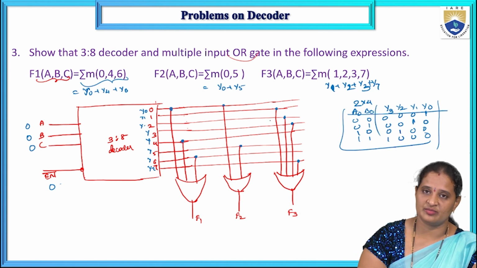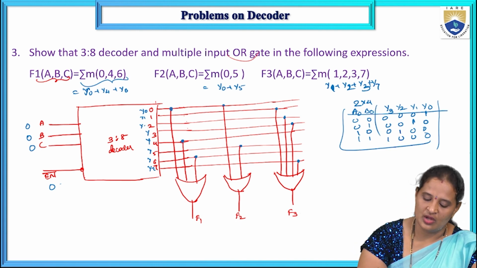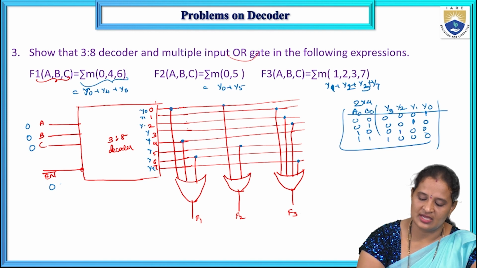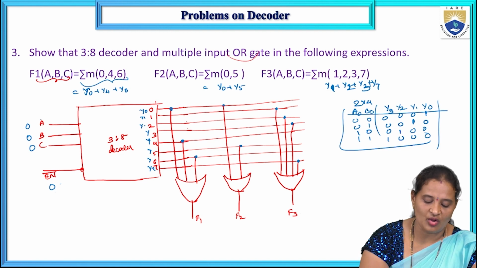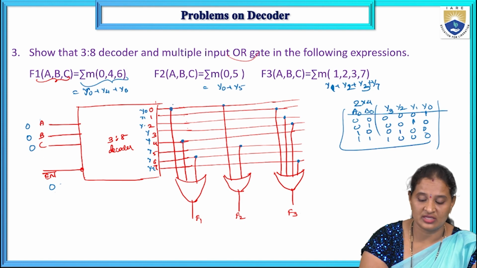Similarly, we can have a truth table for a 3 to 8 decoder. When the enable input is 0 because it is active low and all the inputs are 0, then Y0 is high and the remaining all will be zeros.